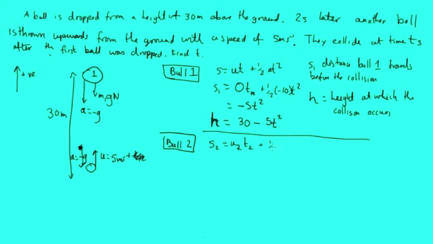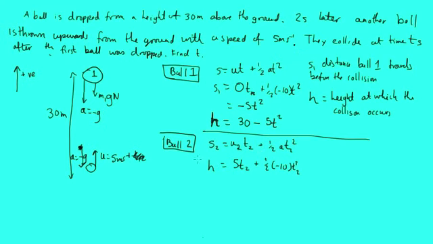So the height that the ball travels is, the ball goes up, but after this height it collides with ball 1. So instead of s2, we're going to put h. And it's going to be 5t2 plus a half minus 10 t2 squared.